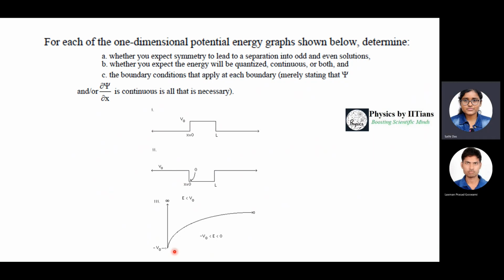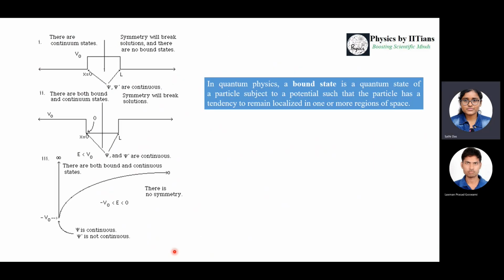Hope you understand. This kind of question is important in case you face something different, and it is a very conceptual question. First of all, I think you all know about the bound state, but I will tell you that in quantum mechanics, a bound state is a quantum state of a particle subject to a potential such that the particle has a tendency to remain localized in one or more regions of space.